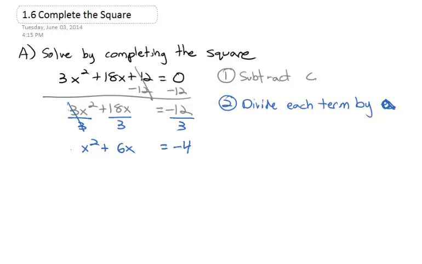And now we get to what is actually called the completing the square step. The process of completing the square is finding this value that we are going to add to the equation. We're going to add 1/2 of b, the middle term, squared to both sides.